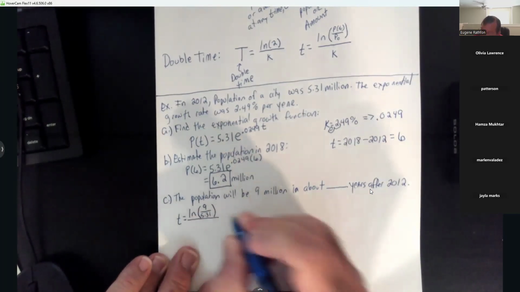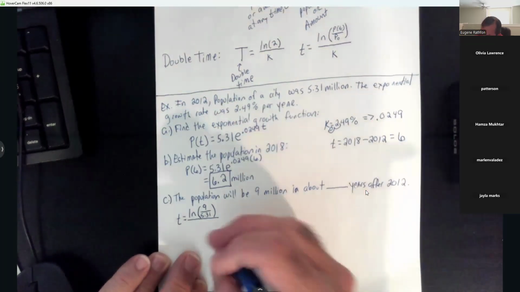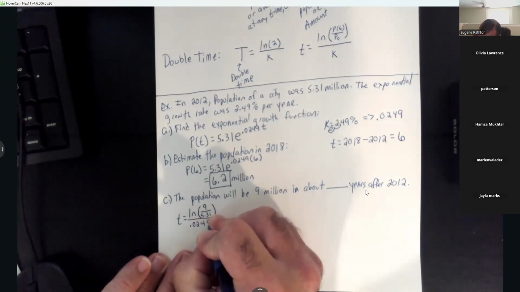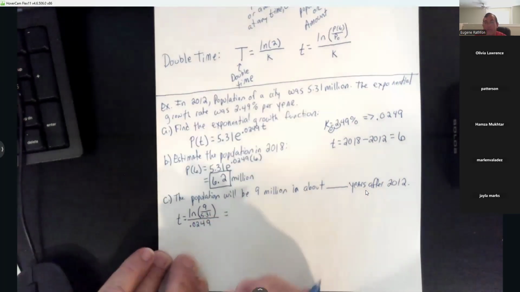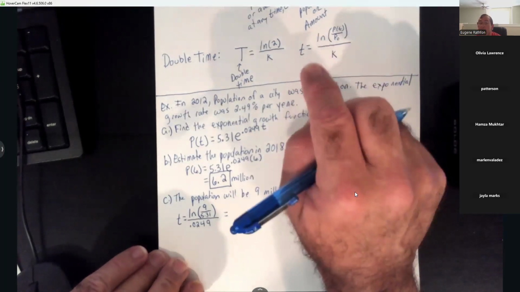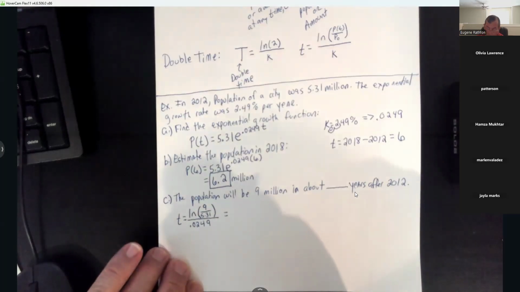And y'all, all of that gets divided by K. Well, we know K was 0.0249. So when you have your formulas already solved for different variables, all you got to do is just bring them down, plug in, and move on, okay?